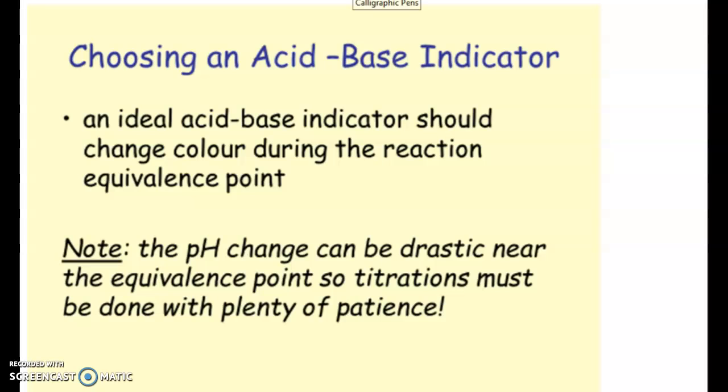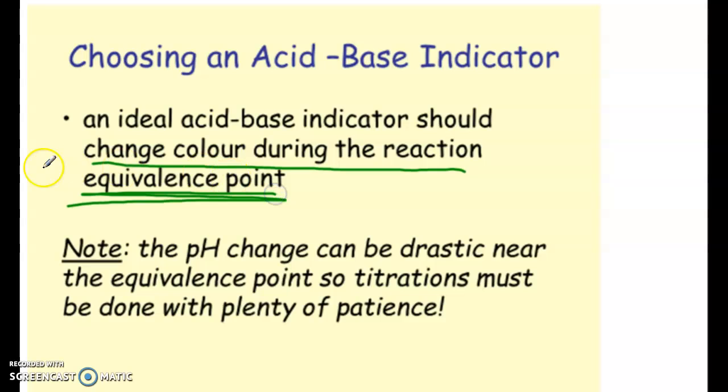Okay, so when choosing an acid-base indicator, remember you want to pick an indicator that will change color at the equivalence point or the neutralization point. So there's actually a wide variety of acid-base indicators that will change colors at different pH numbers. This becomes useful when you're looking at different types of chemical reactions where you want to see a change in pH.